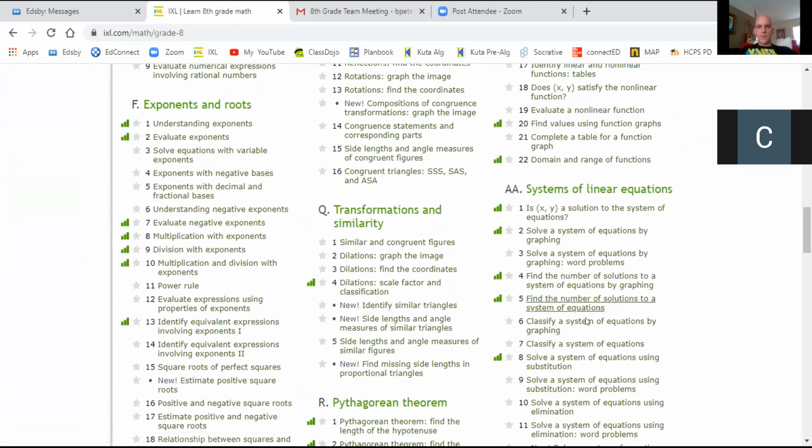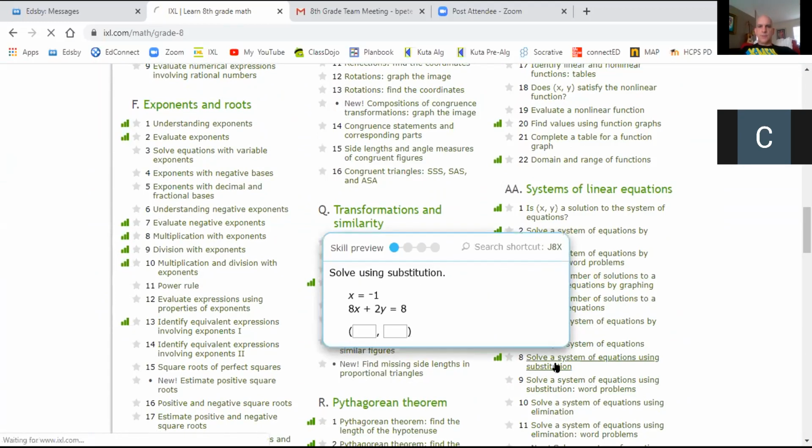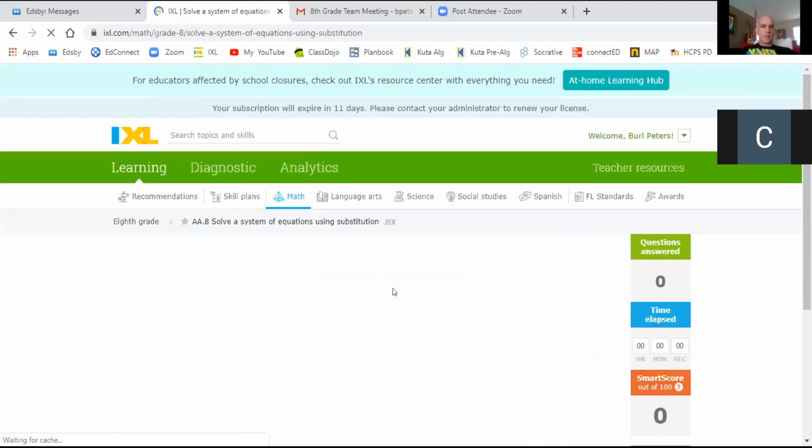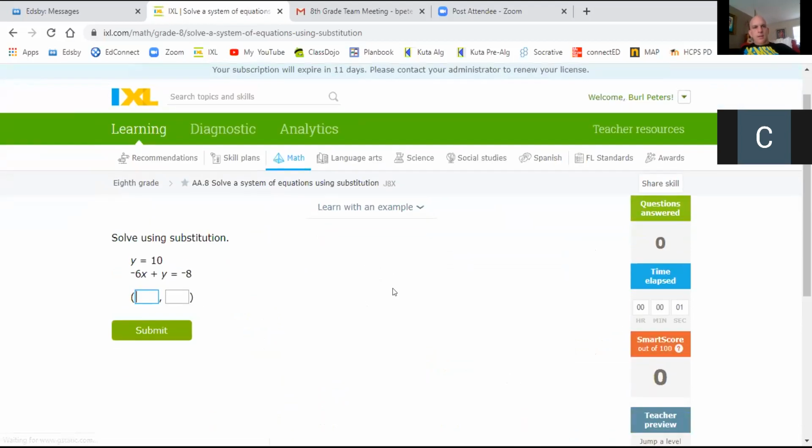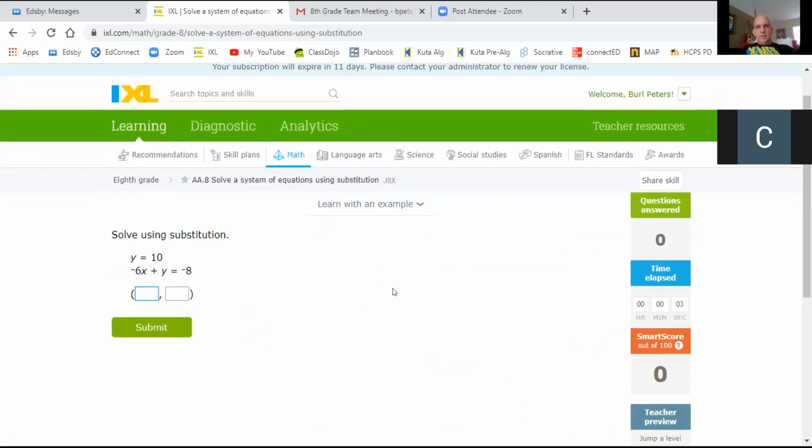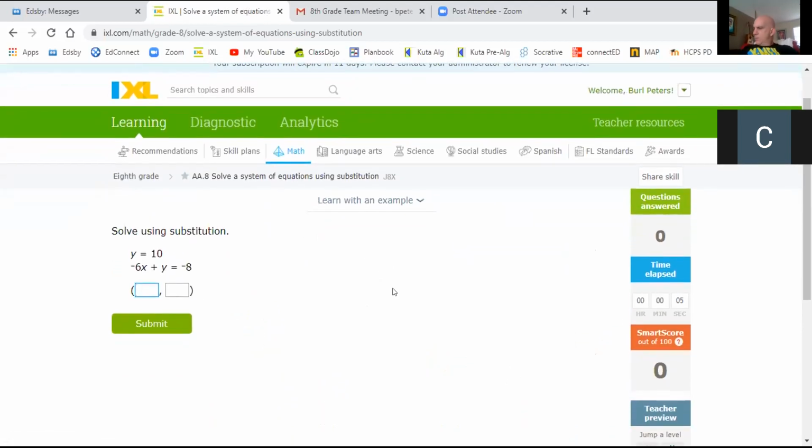All right, so what we're doing today, again, is AA8, so we're solving systems using substitution. So we'll do a few practice problems from here. And most of these will start out somewhat the same as what we were looking at for that worksheet.